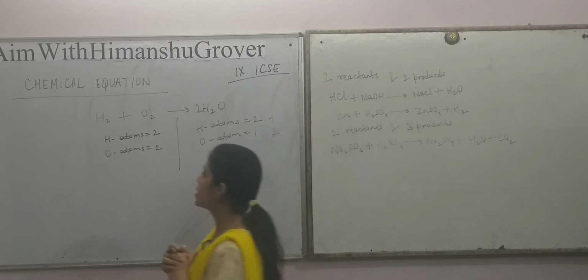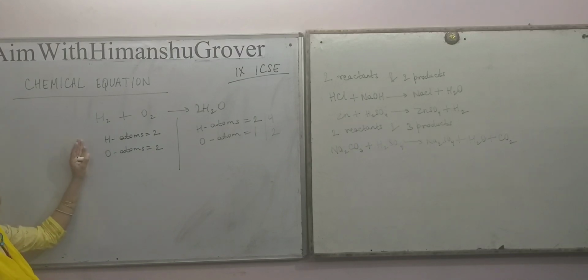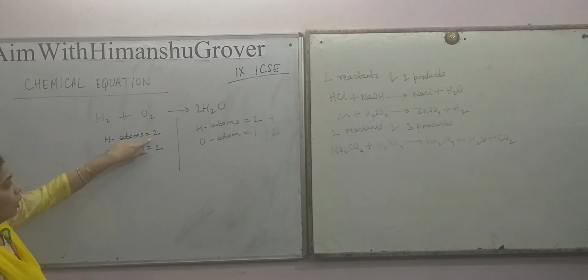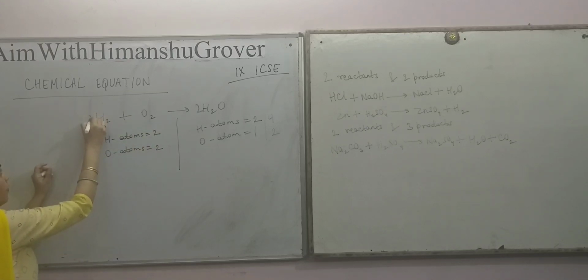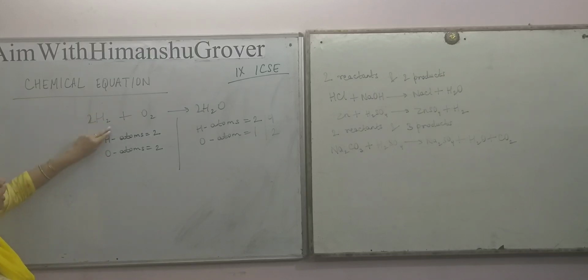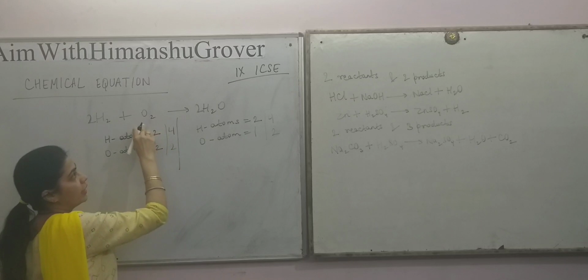So we must balance hydrogen also on the left hand side of the equation. And how to make hydrogen atom 4? Before H2 we write here 2. So hydrogen atoms also become 4 here. यहाँ भी hydrogen कितने हो गए? 4. And oxygen is already 2.